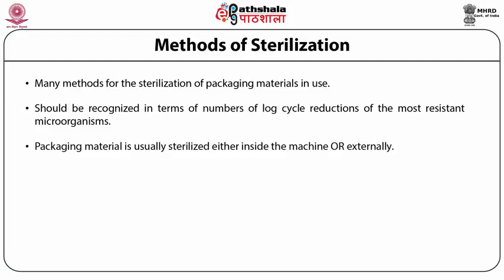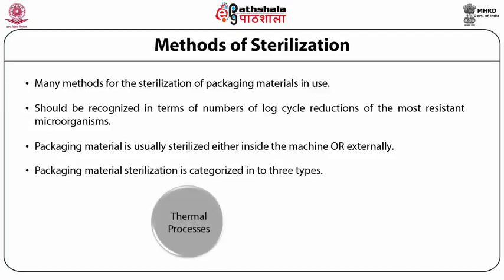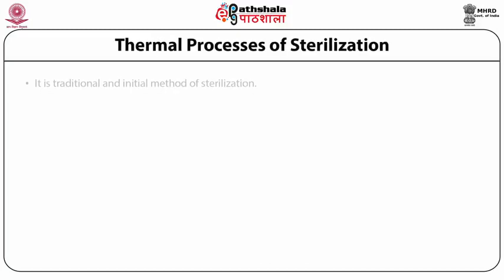Packaging material is usually sterilized either inside the packaging machine or externally and fed aseptically into the aseptic zone of the packaging machine. Methods of sterilization are briefly discussed here in the coming slides. Packaging material sterilization is categorized into three types: thermal processes, chemical methods, irradiation.